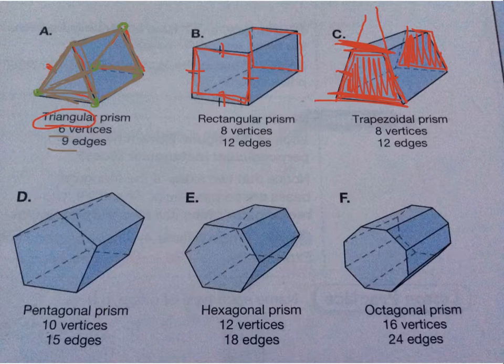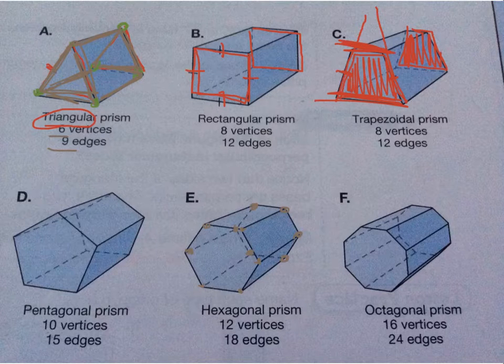Now let's take a look down here just at the hexagonal prism because I think it'll be easy to see everything. When we look at the vertices, we would go 1, 2, 3, 4, 5, 6, 7, 8, 9, 10, 11, 12. So hopefully you saw all 12 of those vertices.